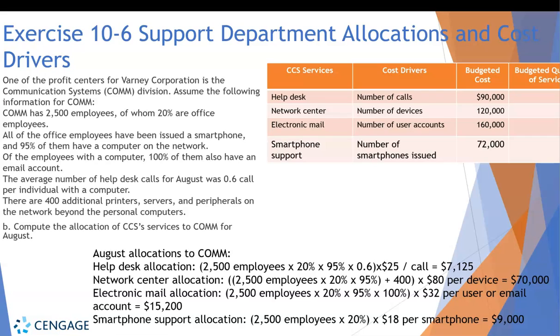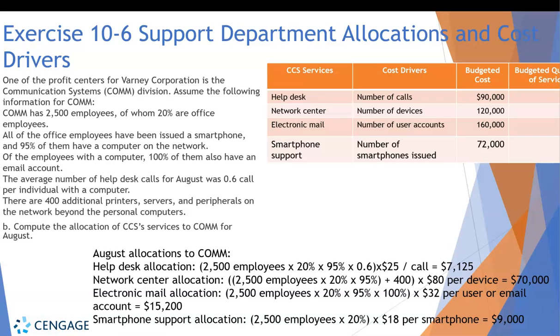For network, we'll take again our 2,500 at 20%, 95%, plus 400 at the $80 per device, which gives us $70,000 for the network allocation.